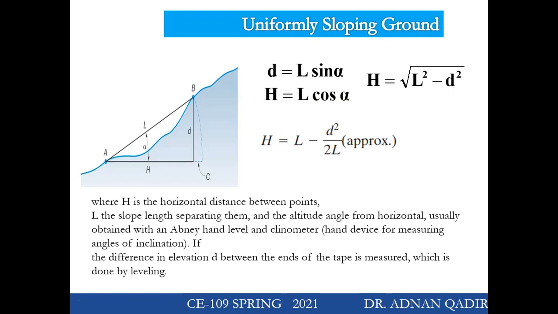These are the hand devices for measuring angles of inclination. So if the difference in elevation between point D and the ends of the tape is measured, this can also be done by using a leveling technique that is already being taught by the other teacher in this course.